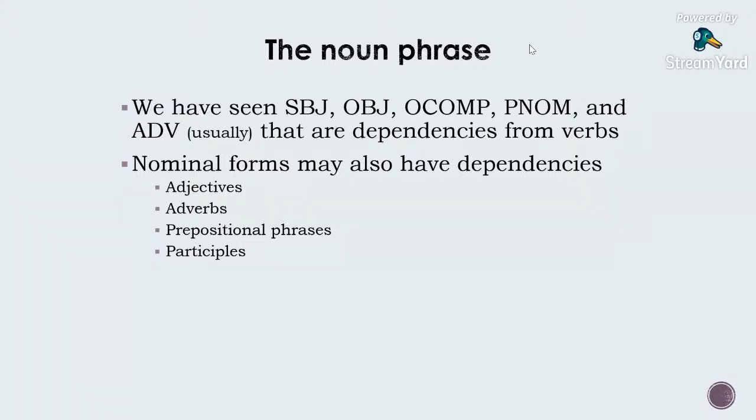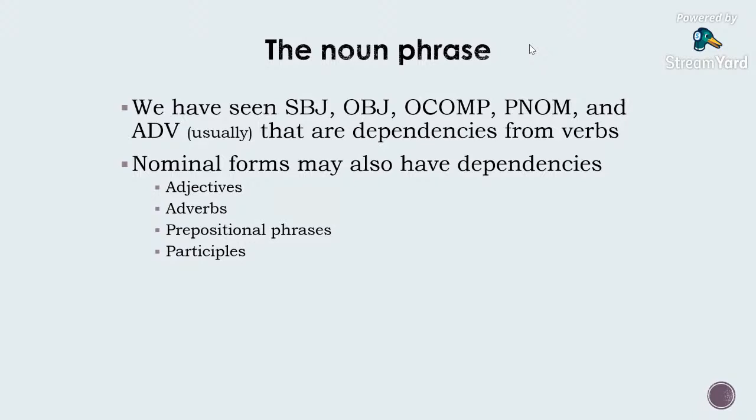Participles, you have to make a value judgment. Is this something necessary to define the noun, in which case it's an attribute, or is it additional information on the verb, in which case it's an adverb? Prepositional phrases, you can talk about the book on the table is red while the book on the floor is blue. In that instance, these are necessary elements to define the noun, so they would be labeled as attributes.